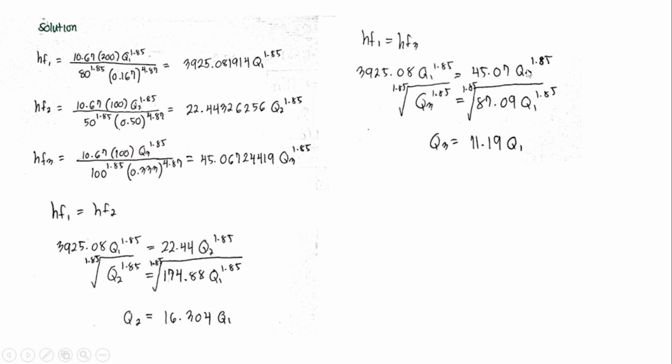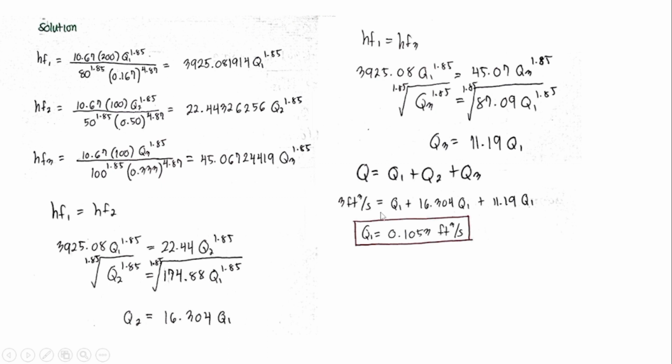Since we are going to solve for Q3 in terms of Q1, we divide 3925.08 by 45.07, which is equal to 87.09 Q1 raised to 1.85, and take the 1.85th root of both sides. So Q3 is equal to 11.19 Q1. Since we have the relationship of the discharge in our illustration, the total Q is equal to Q1 plus Q2 plus Q3.